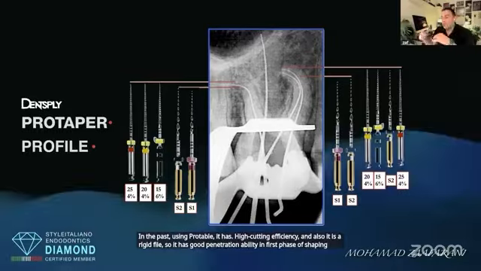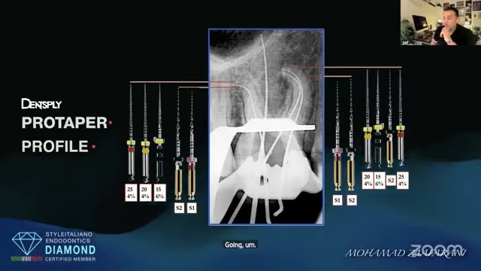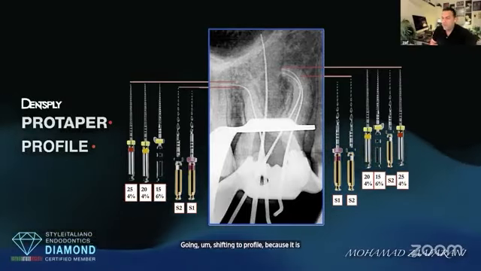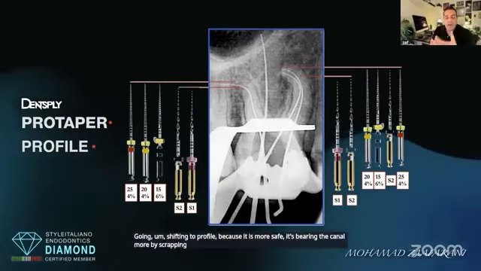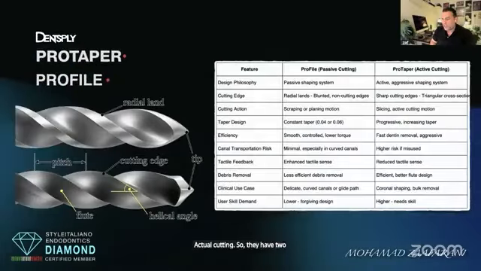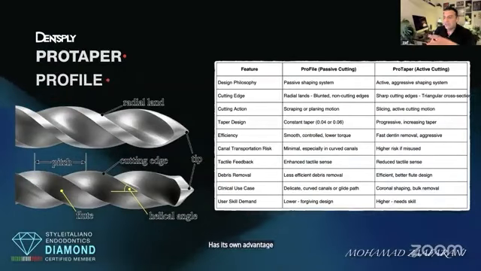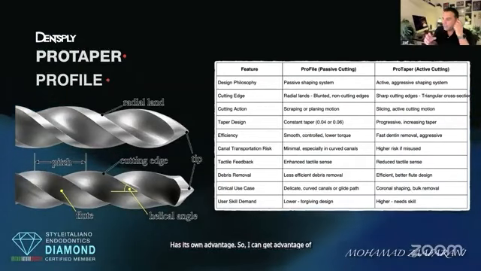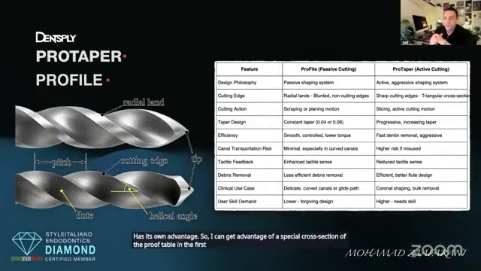And going into the final phase of shaping, I shift to ProFile because it is safer. It prepares the canal more by scraping rather than actual cutting. So they have two different cross sections, and each cross section has its own advantage. I can take advantage of the special cross section of the ProTaper at the start of the shaping phase.